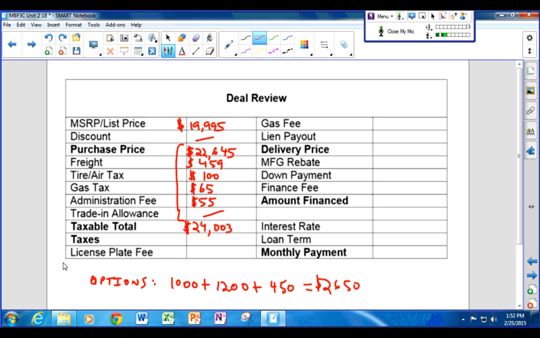All right, well, I have a different total. I'm going to try this again. 22,645 plus 459 plus 100 plus 65 plus 55. Yeah. Huh. Well, go figure. I'm not quite sure what I did, but it's just a calculator error here.